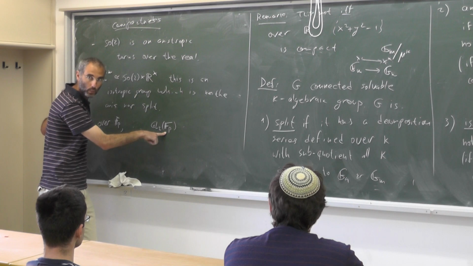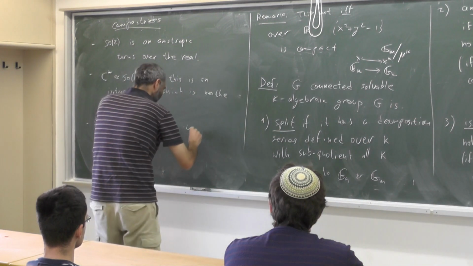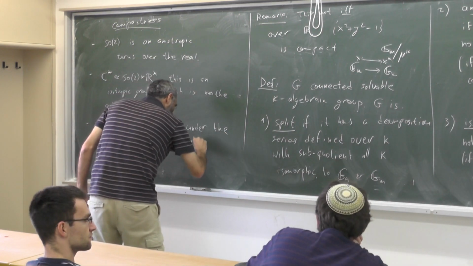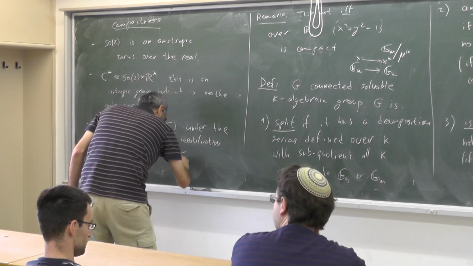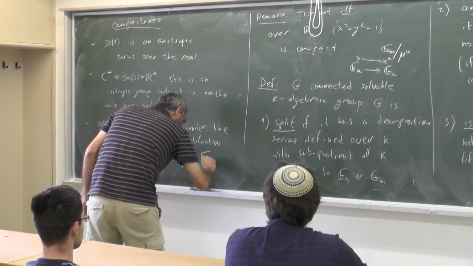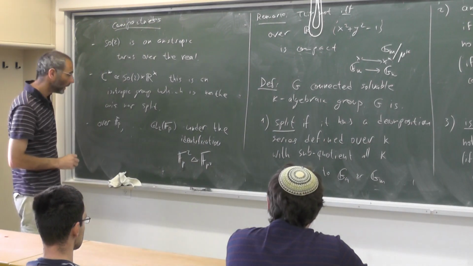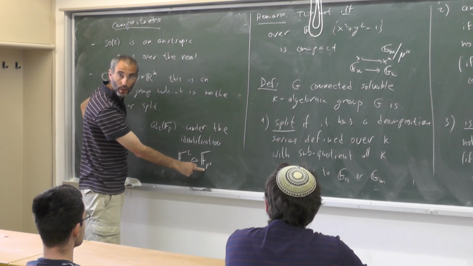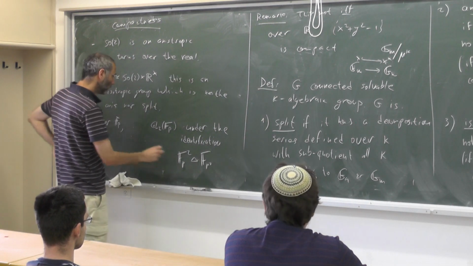I can identify F_p squared with F_{p^2}, just by choosing coordinates, as a vector space over F_p. I take as a basis one, maybe, and another element which is not in F_p. This gives me such an identification.